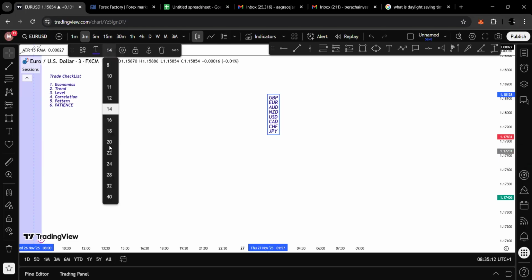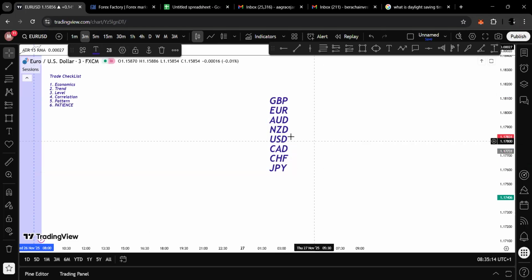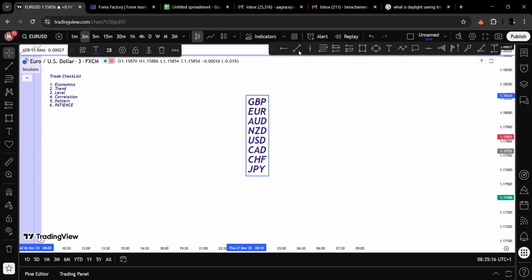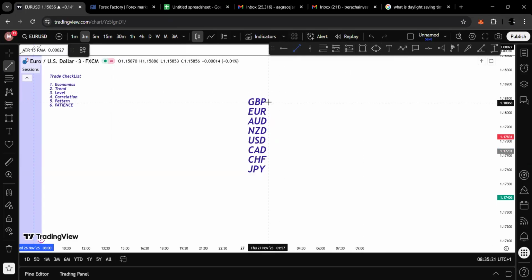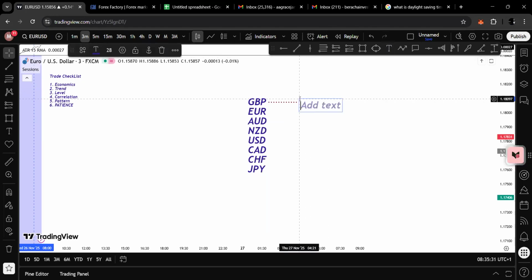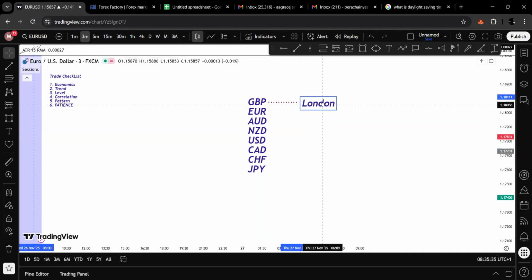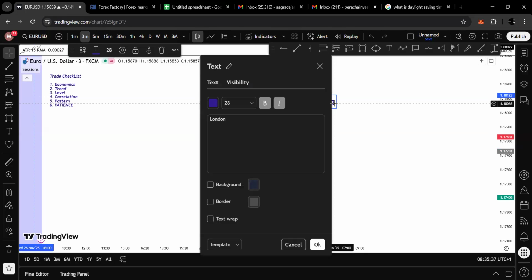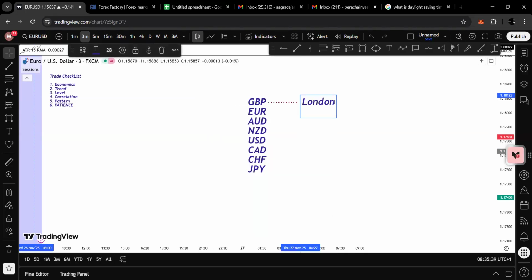So now, guys, this is Great Britain pounds, and Great Britain, UK, is obviously going to be active in the London session. Then Euro is also going to be active in the London session.